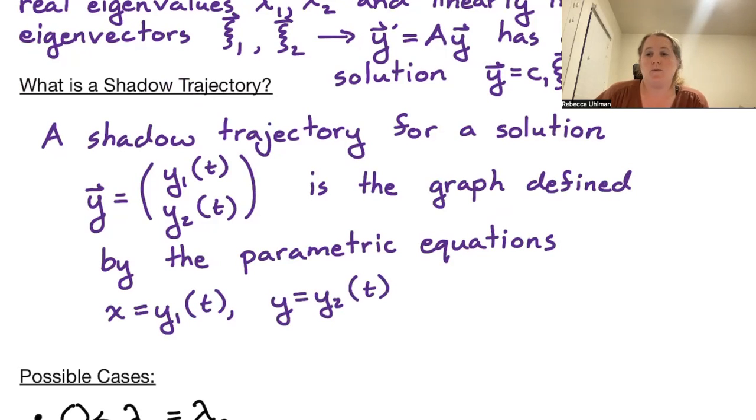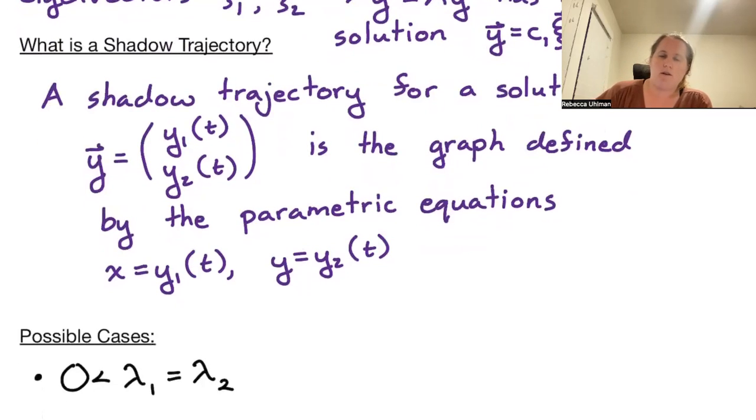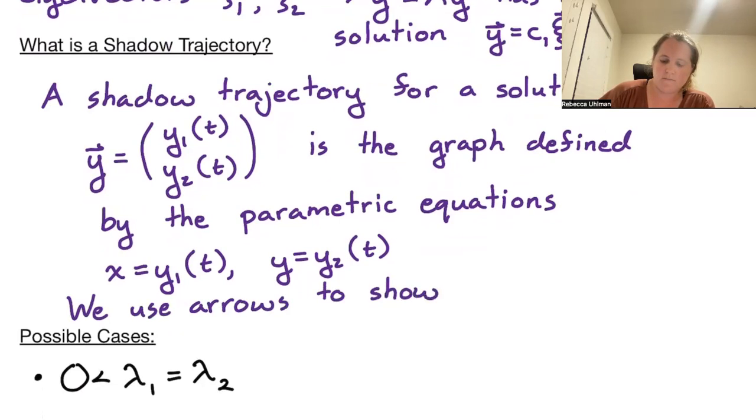So essentially, we're plotting the dependent variables and we're not plotting t. The way we show time is just with an arrow to show the direction of time passing.